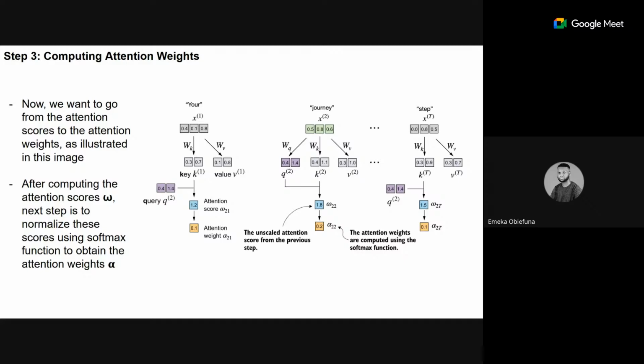Now we want to go from the attention score to the attention weight. How do we do that? We simply have to normalize the attention score that we've computed using softmax.